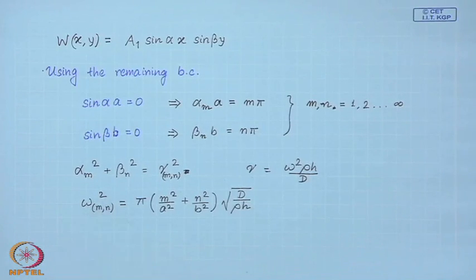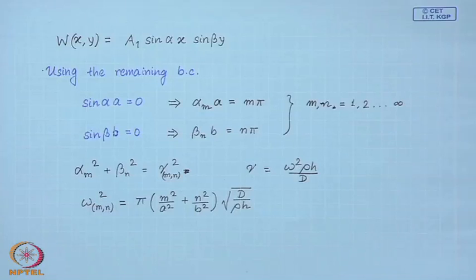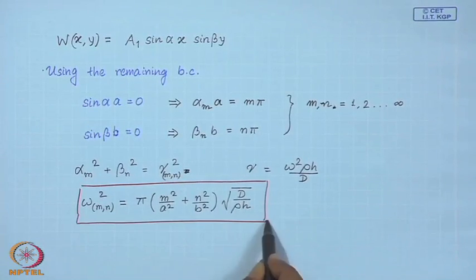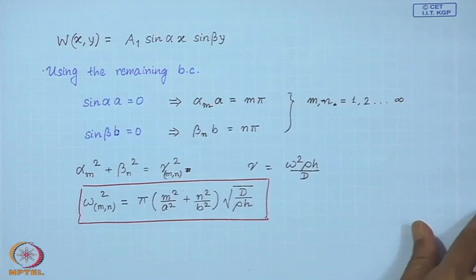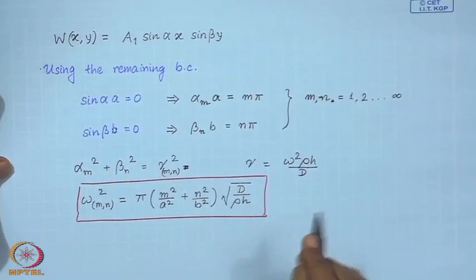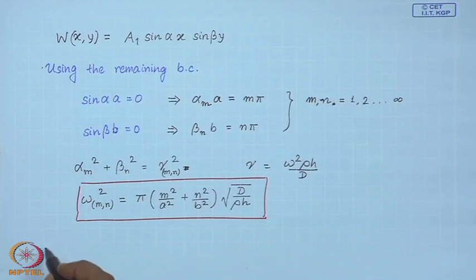So omega m n square is given by this. Now, we obtain the circular natural frequencies of the plate, and using this the eigenfunctions are obtained from here. They also get indexed.